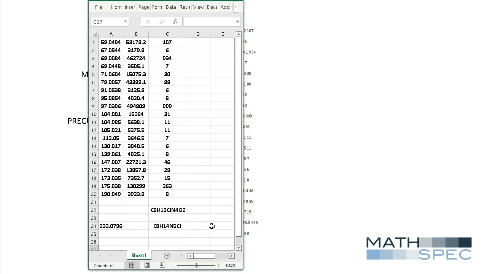Now I could check the formula. Let me make this a little bit bigger. So this is going to equal the mass of the precursor minus the mass of a proton and then minus the mass of the atrazine in C24.